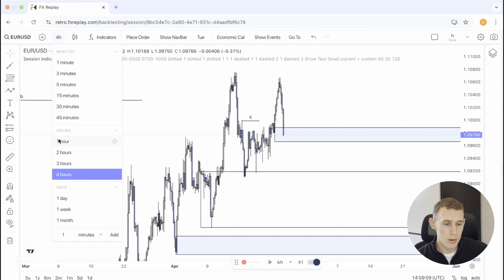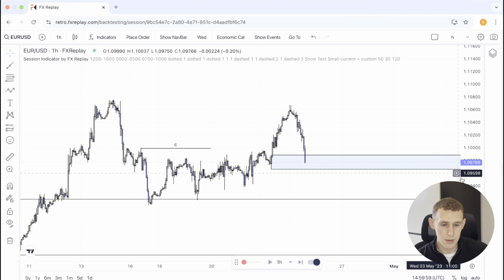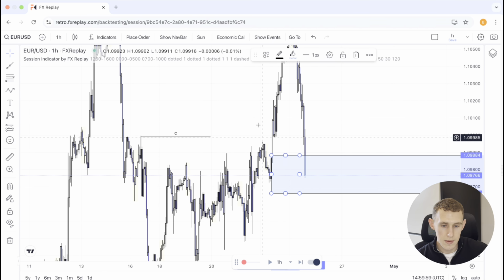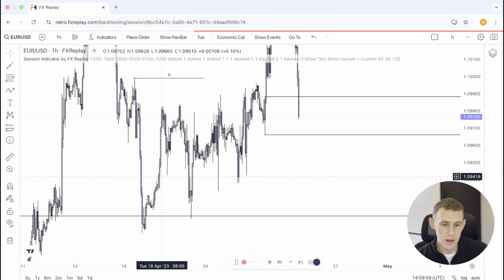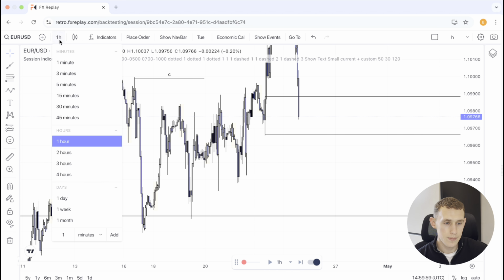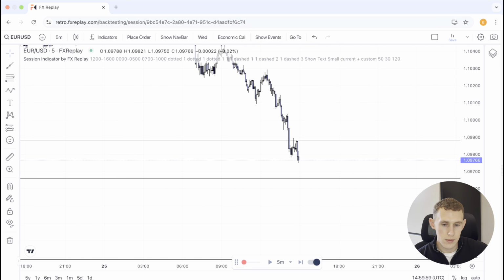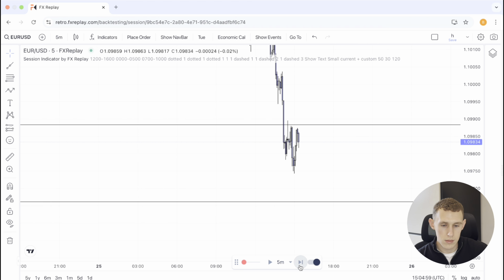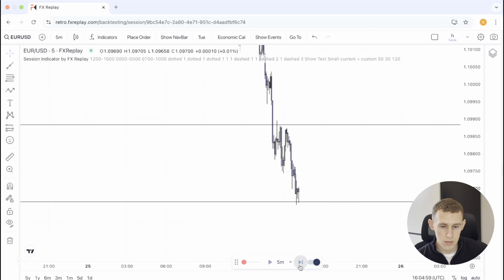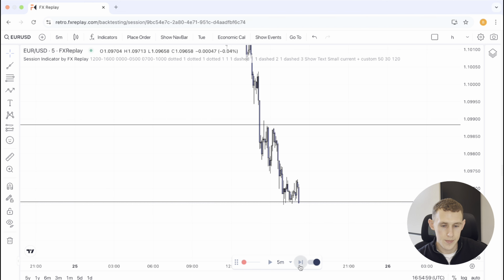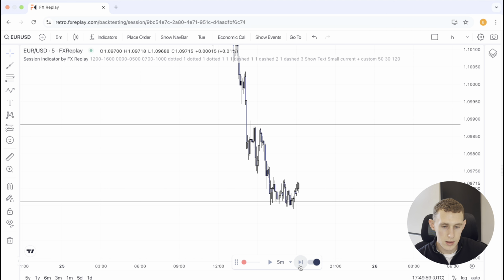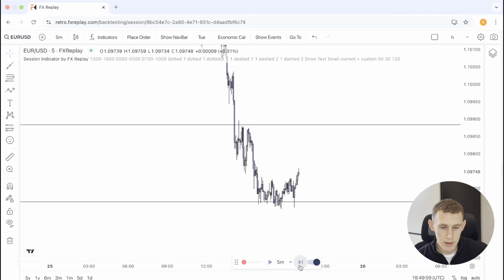But yeah, I'm going to keep an open mind. I'm going to see if price reacts from this area. If it doesn't, then I'll wait for the liquidity level down here. Doesn't look like the demand is being respected at the moment.